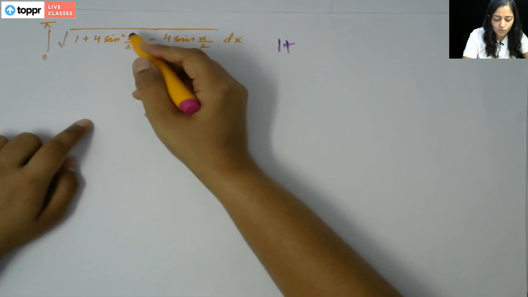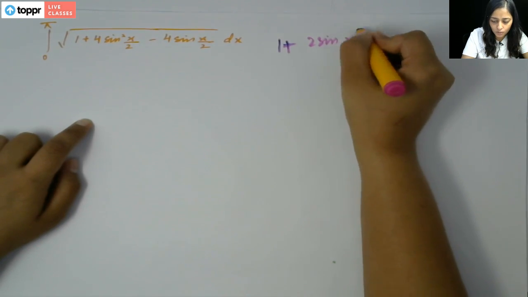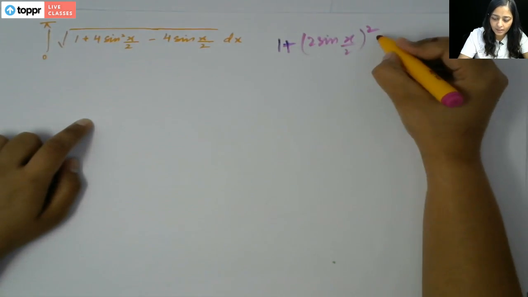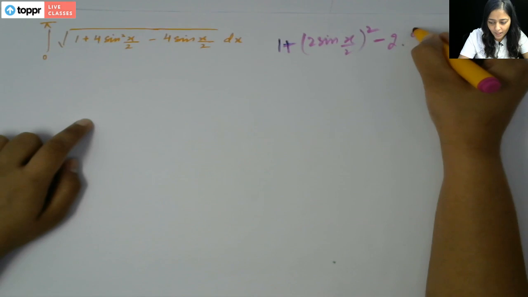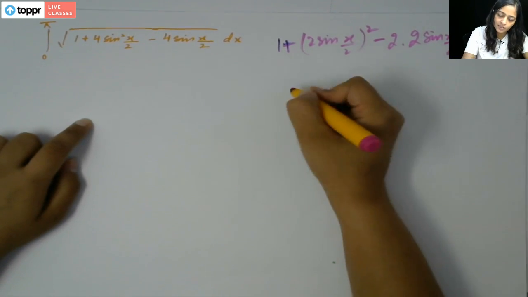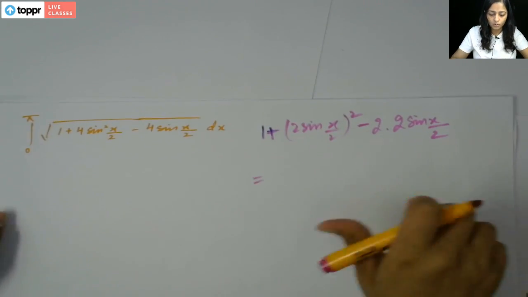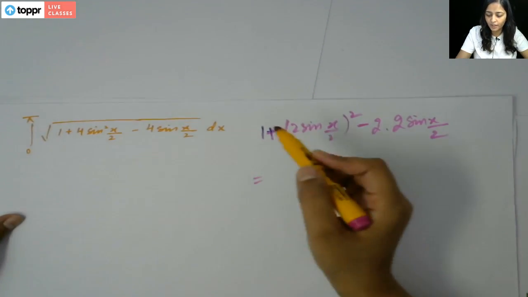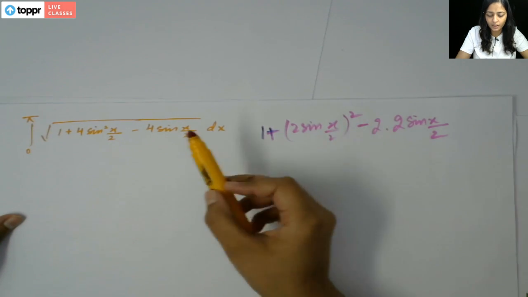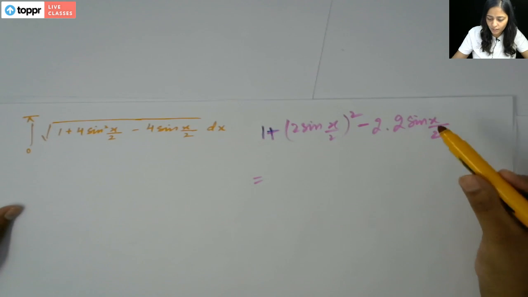Now 4 sine square x by 2 can be written as 2 sine x by 2 whole square, and 4 sine x by 2 can be written as twice of 2 sine x by 2.